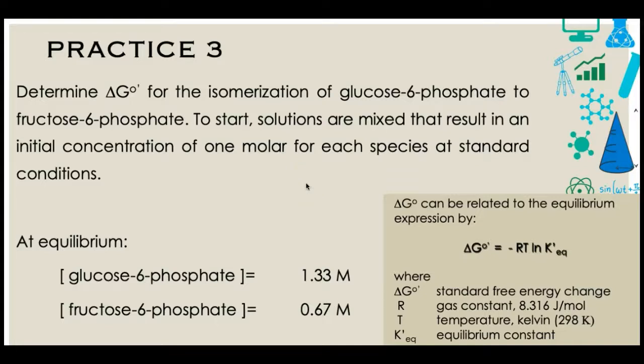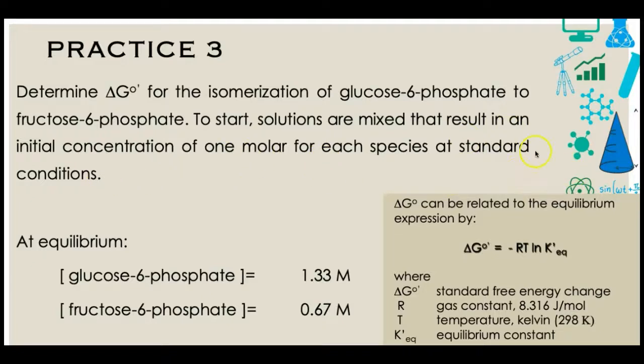So let's go into practice 3. Determine the standard free energy change for the isomerization of glucose 6-phosphate to fructose 6-phosphate. To start, solutions are mixed that result in an initial concentration of 1 molar for each species at standard conditions.